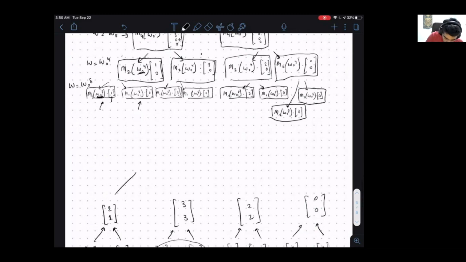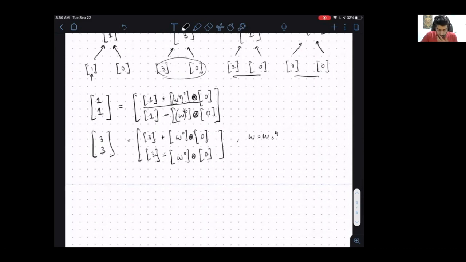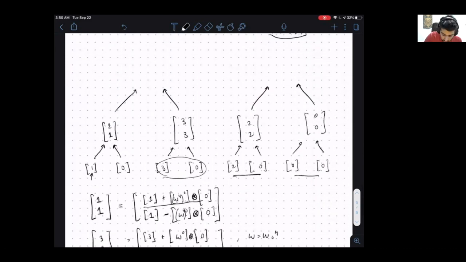So we need to now combine these 2 subproblems and also these 2 subproblems. Okay, so let's call this A, let's call this B. And A and B are just what we get when we combine those 2 subproblems together.